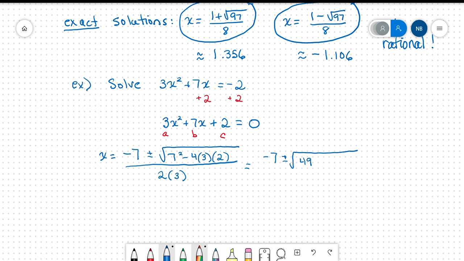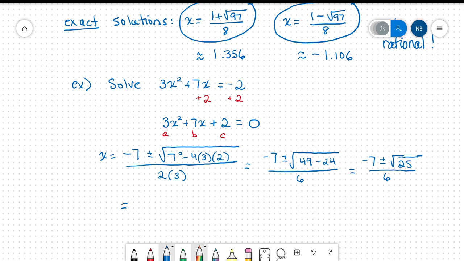Negative 4 times 3 times 2 is negative 24. All over 2 times 3 is 6. And this is equal to negative 7 plus or minus the square root of 25, all over 6.